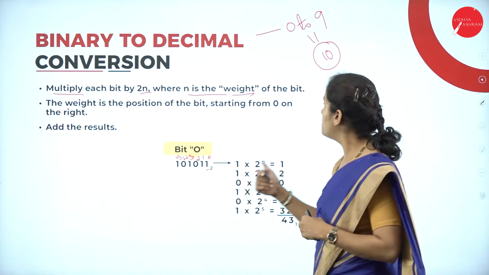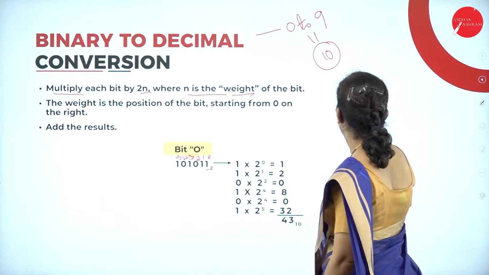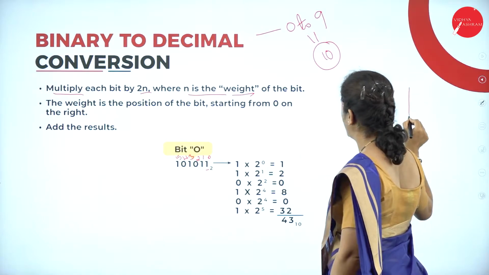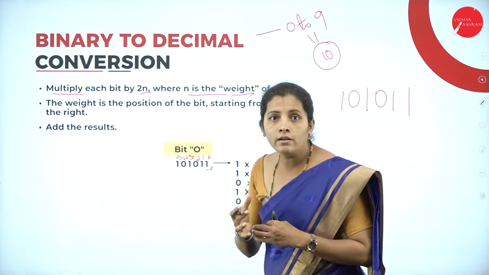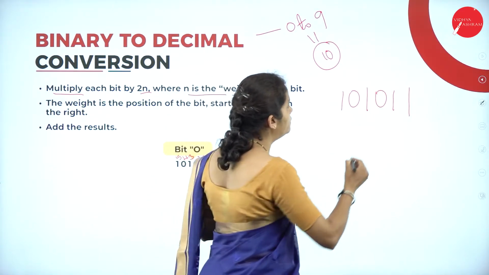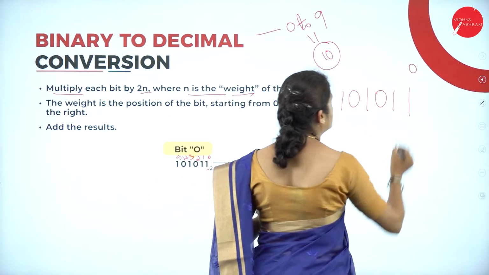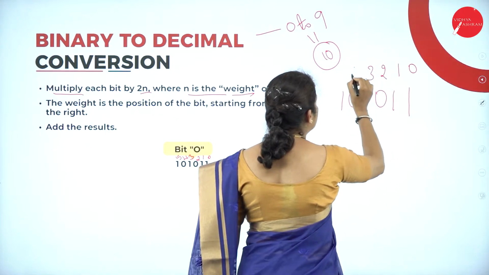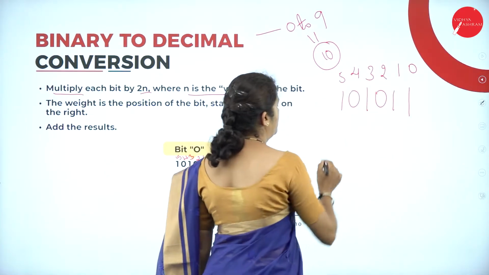So this is the example. Here I have 1 0 1 0 1 1, and I want to convert this binary number to decimal. First I'll write the positions: 0th position, then 1, 2, 3, 4 and 5.